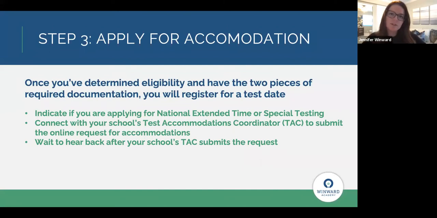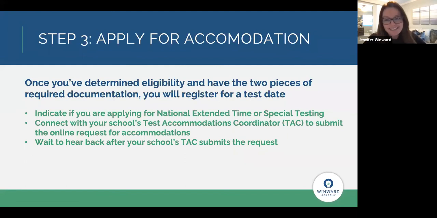It's hard because the people working at your schools are very well intentioned, but sometimes they're overwhelmed and they overlook details. So I promise you, from the parent perspective, you have to keep a pretty close pulse on these things, so that if the test accommodations coordinator requests anything from you, you can provide it, be a part of pulling all of this together, and make sure that it's submitted correctly.